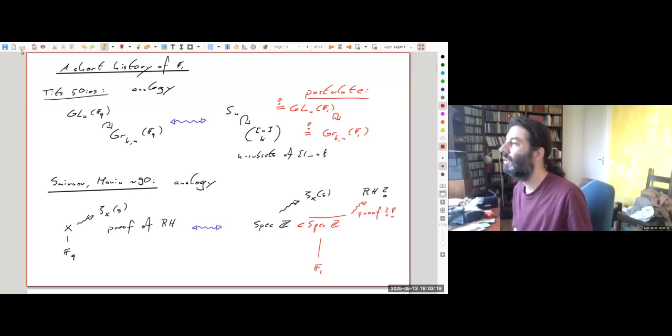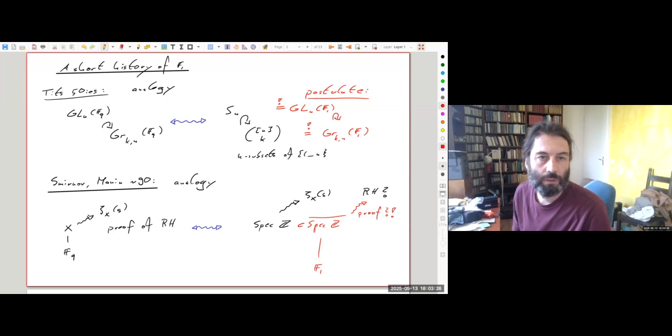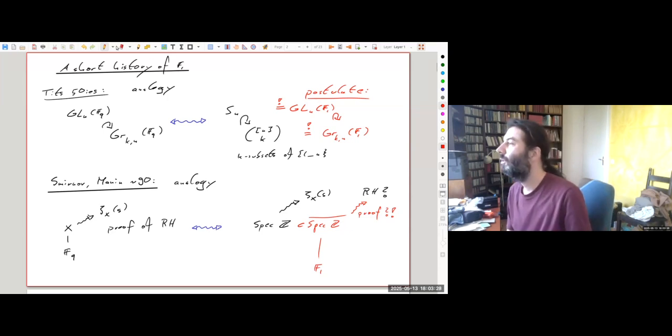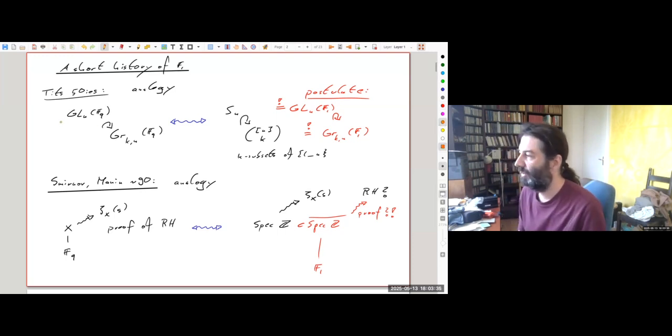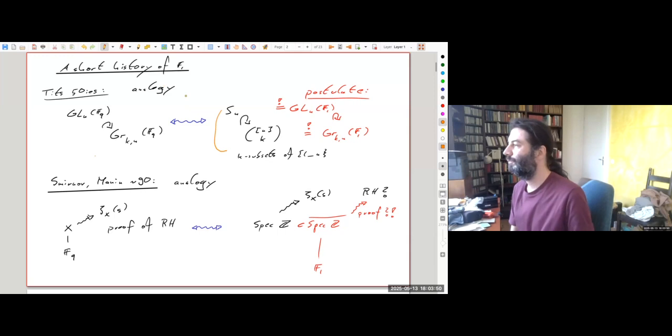So let me, one moment. I have to activate this here, and it's a good color, maybe orange. So I put up this picture. We have GL_n acting on a Grassmannian over a finite field, and on the other side, the combinatorial analog S_n acting on k-subsets of n.